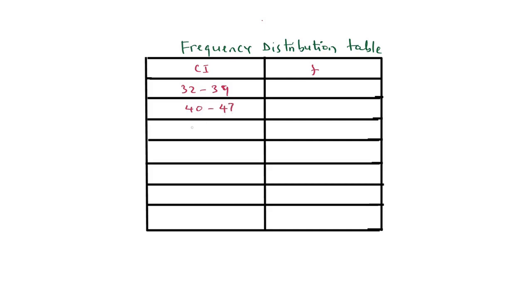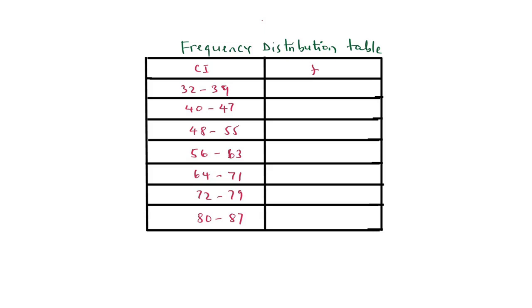The next one is 48 to 55. Next is 56 to 63. Next is 64 to 71. The next one is 72 to 79. And the last one is 80 to 87.